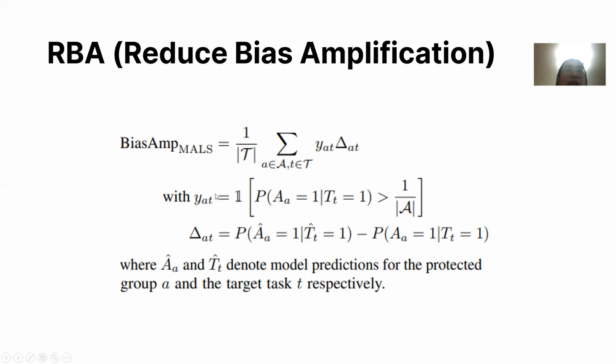So this y sub at means that the condition, some positive correlation between a and t, exists in this direction.